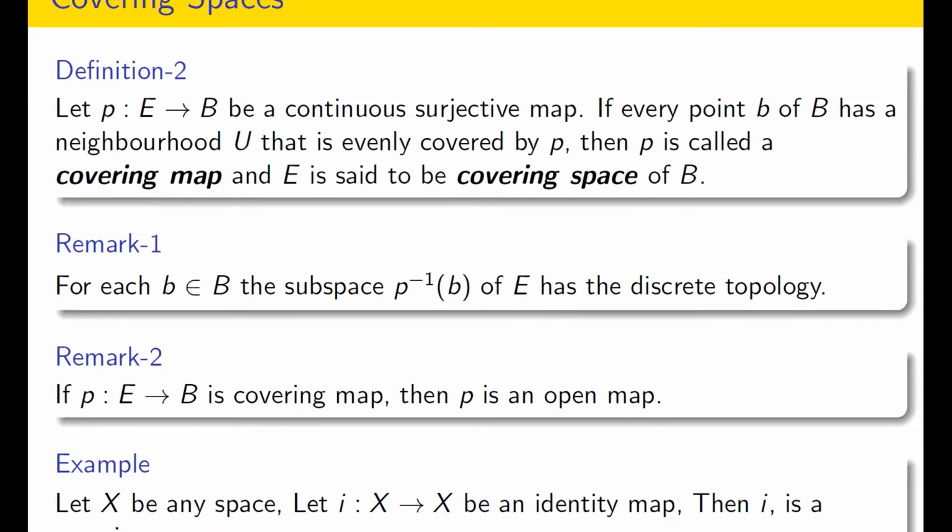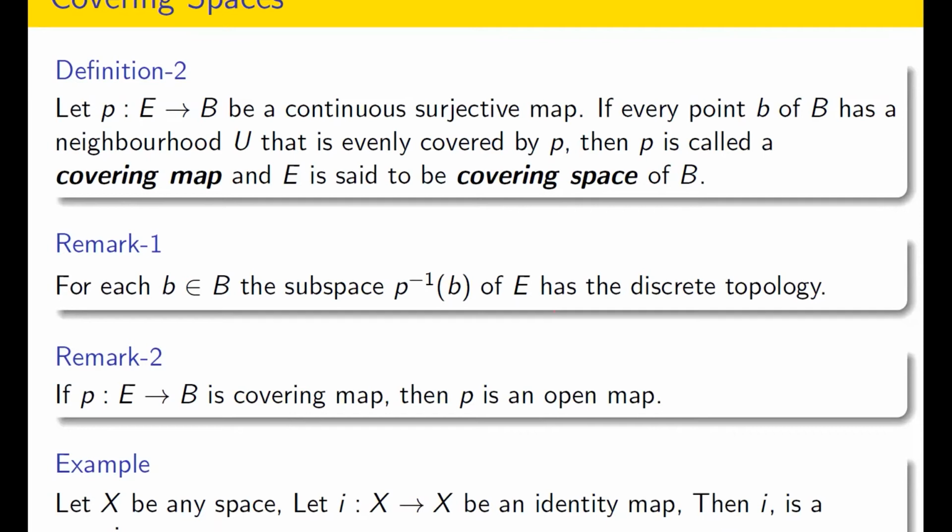Then the inverse image of that neighborhood will be that neighborhood itself. If you take b and consider some neighborhood U_b, then I inverse of U_b will be U_b itself. So the collection V alpha here will be the singleton U_b. So this identity map is a trivial example, and I is a covering map.